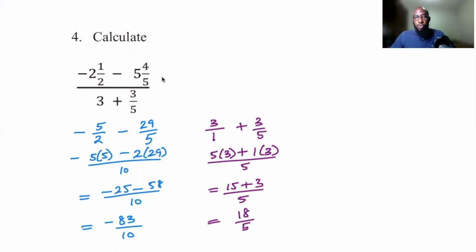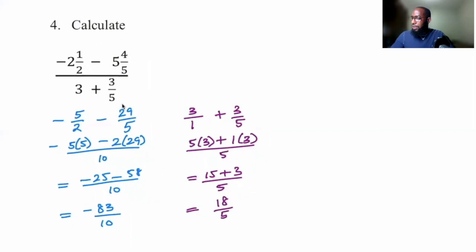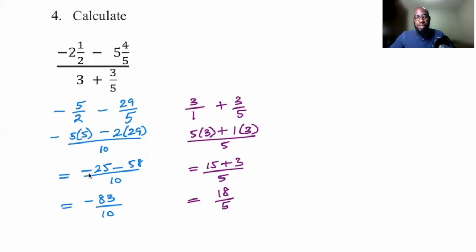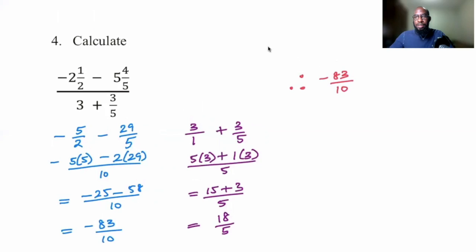Now, we have the numerator divided by the denominator. So I tell students, okay, the numerator answer is negative 83 over 10. So we say, therefore, negative 83 over 10, instead of writing this division line, I'm simply going to write the symbol divided by, and the answer for the denominator is 18 over 5.